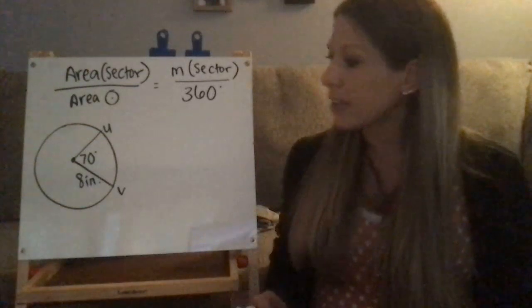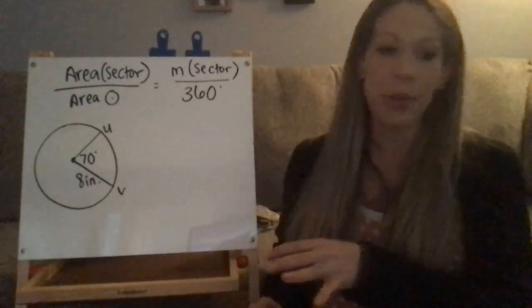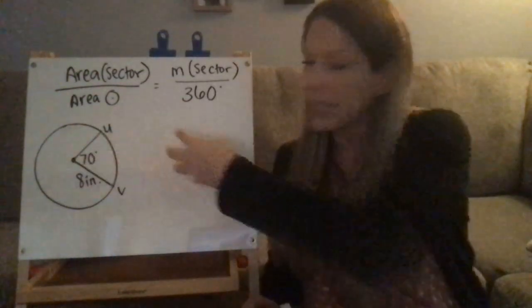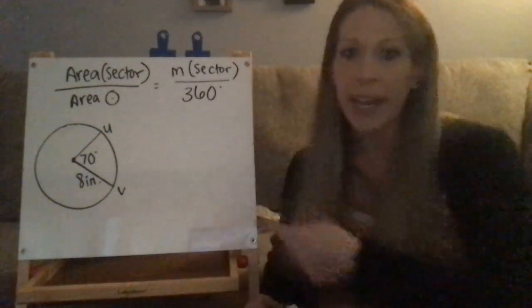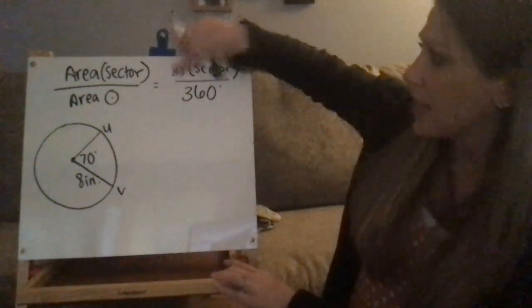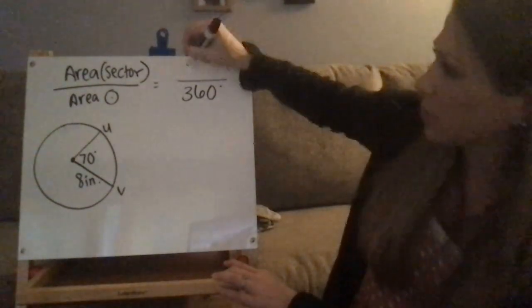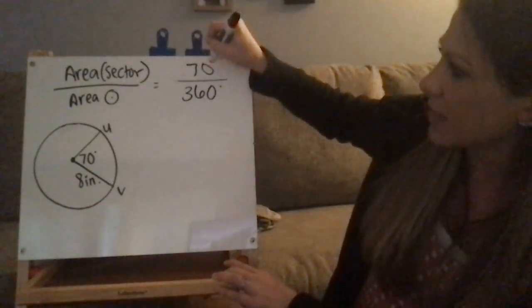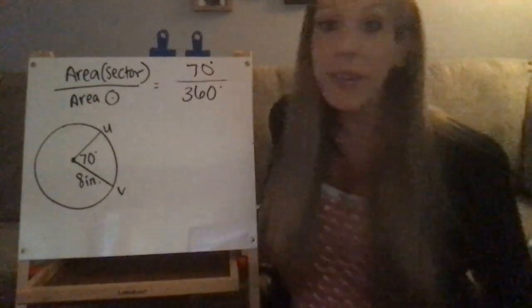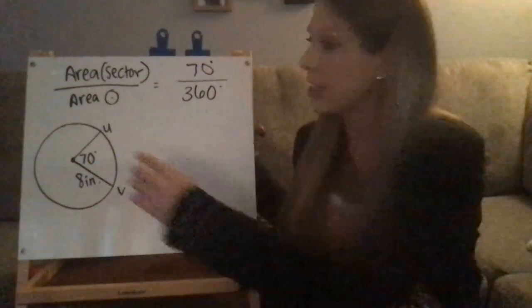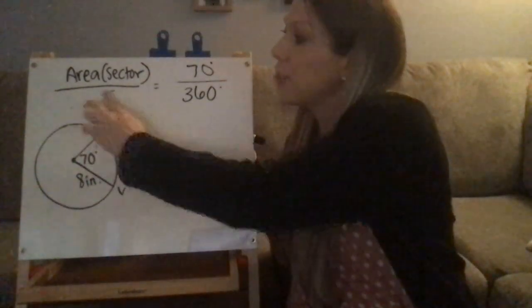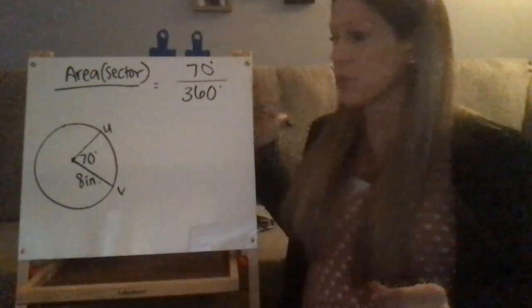So for this particular example, this is slide 2. If I were going to cut out this little piece of pie, I'm cutting out 70 degrees. So the measure of the little sector we're looking at is 70 degrees. We want to find the area of that sector, and we do know the area of the whole circle.